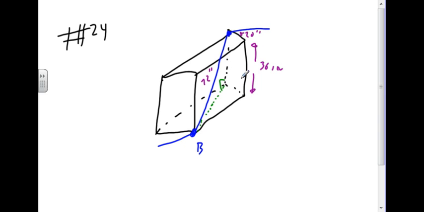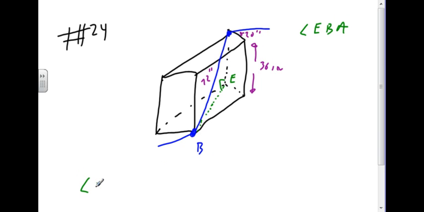Oh yeah, I know my height is 36 inches. So I can find. Now, what angles do they want me to find? E, B, A. So I can find angle E, B, A because down here is E. And I can find it now because I've got this guy and this guy.